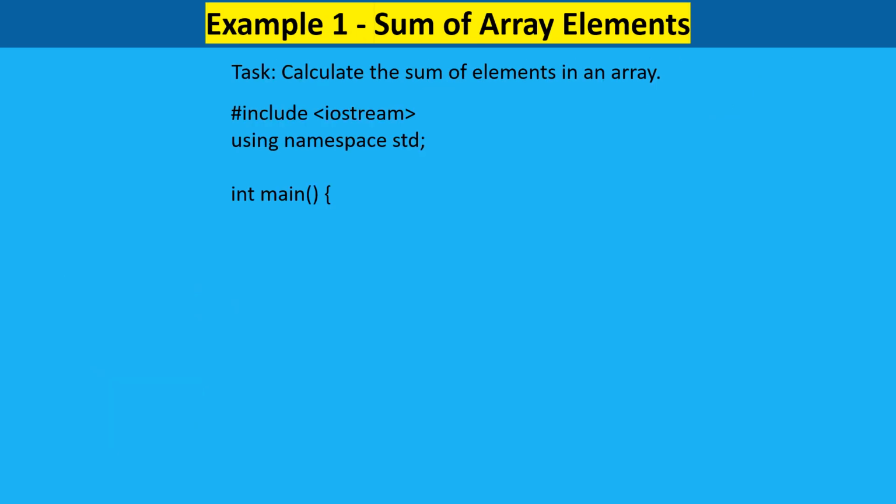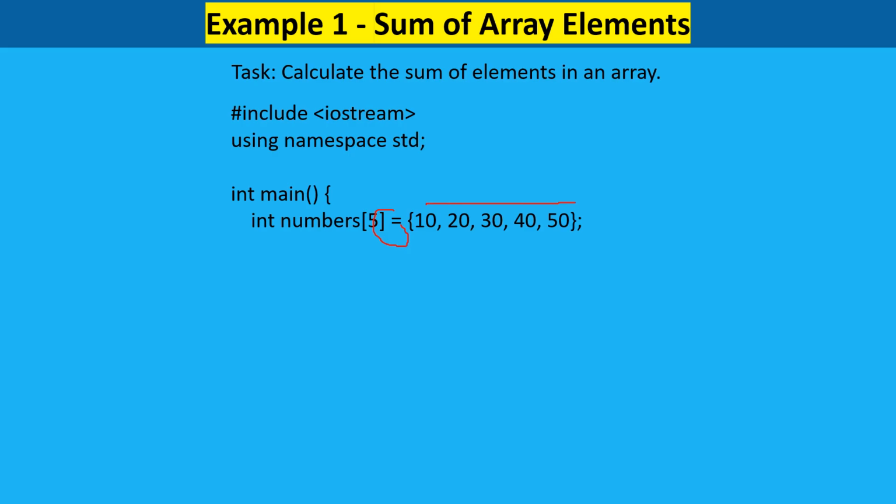Example of the sum of an array of integers. Calculate the sum of the elements in an array. Obviously, we will add the includes and using namespace, and then int main. So int numbers[5] equals 10, 20, 30, 40, and 50. This line declares an array numbers of size 5, initialized with these values.